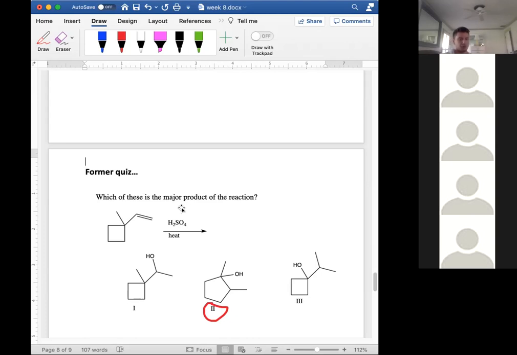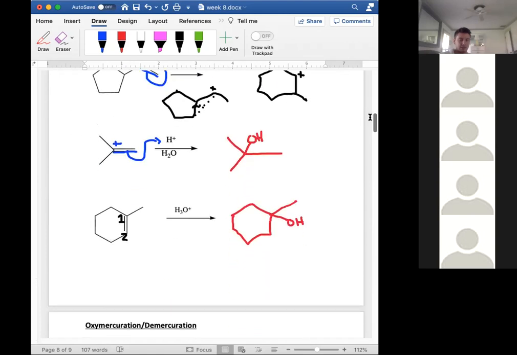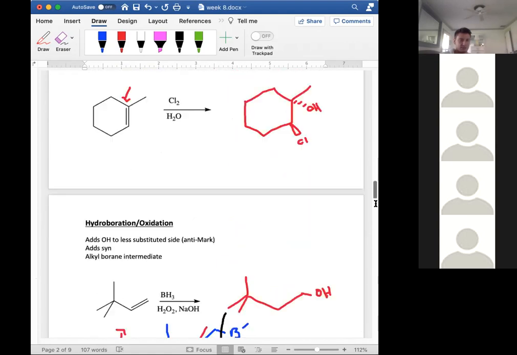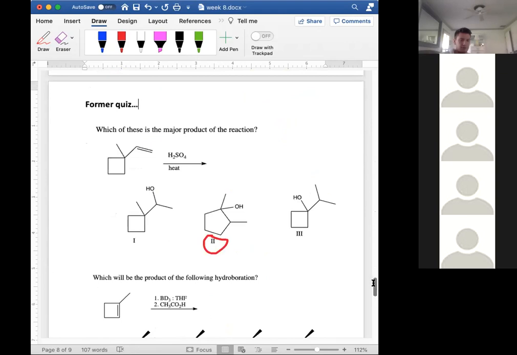If you're doing the reverse, you still have a rearrangement that can occur. That's why 2 is our answer, because it's again acid catalyzed. That H2SO4 is an acid, so you're going to have that intermediate, right?